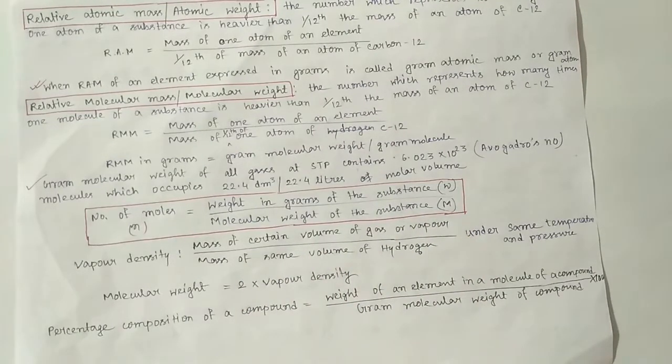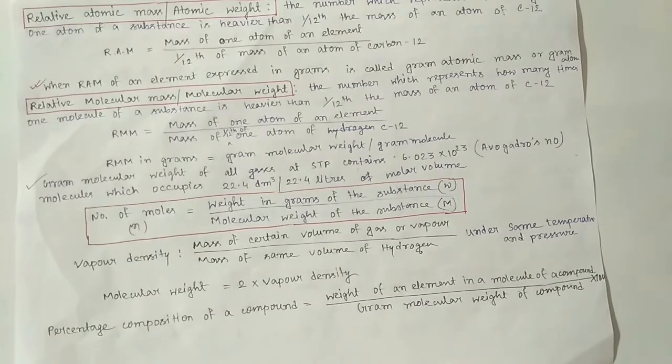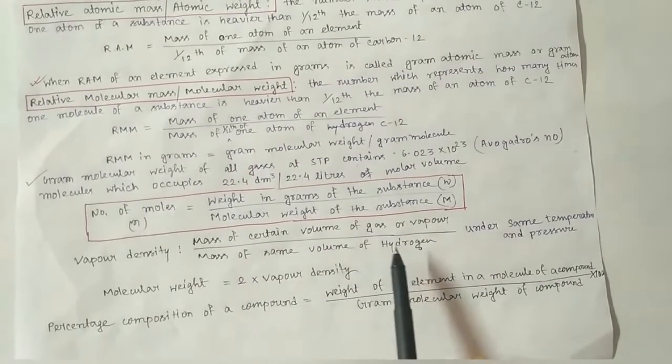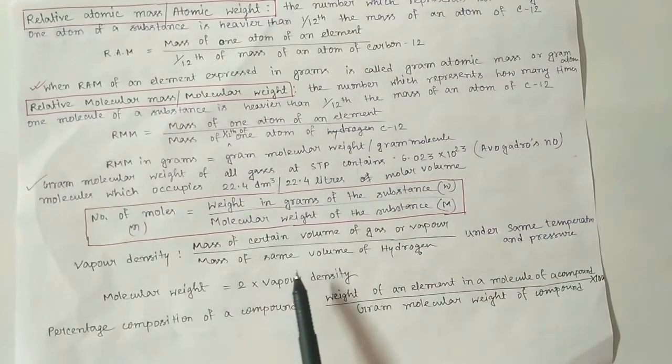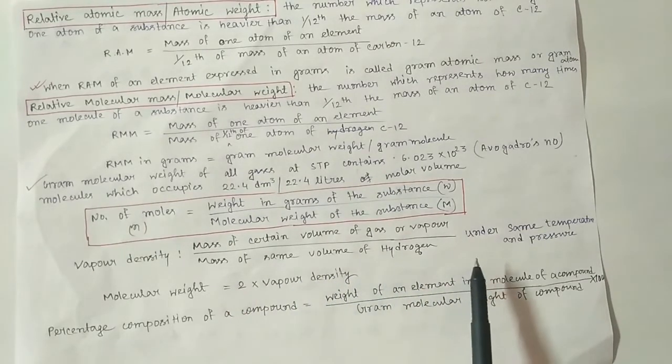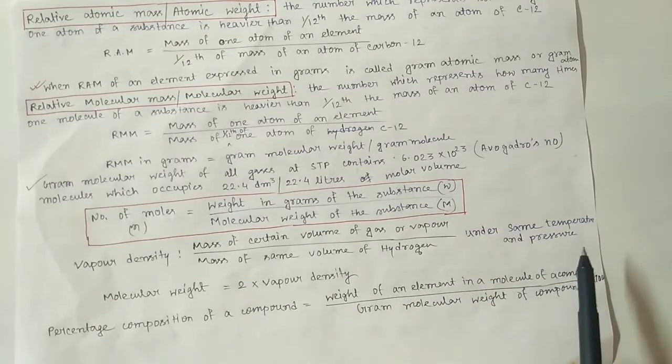So similarly you can determine the number of moles of molecules, the number of moles of ions in the same process. So now next move on to vapor density. Vapor density is the ratio of mass of certain volume of gas or vapor to mass of same volume of hydrogen gas under same temperature and pressure.